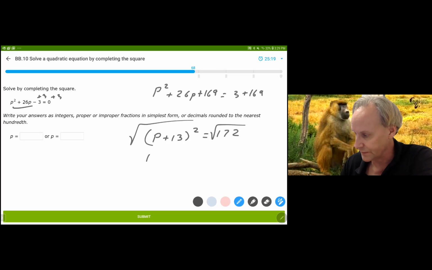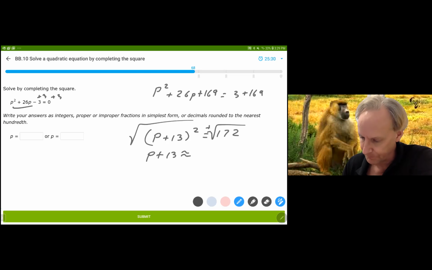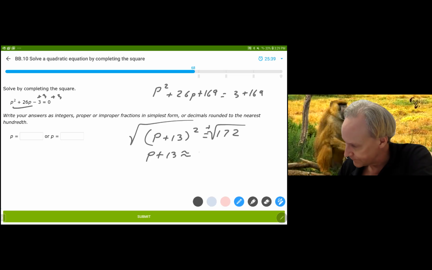So p plus 13, don't forget the plus or minus, and it's only approximately equal to a little tiny bit bigger than 13. It's going to be about 13.1. 13.11. And we're going to subtract 13.